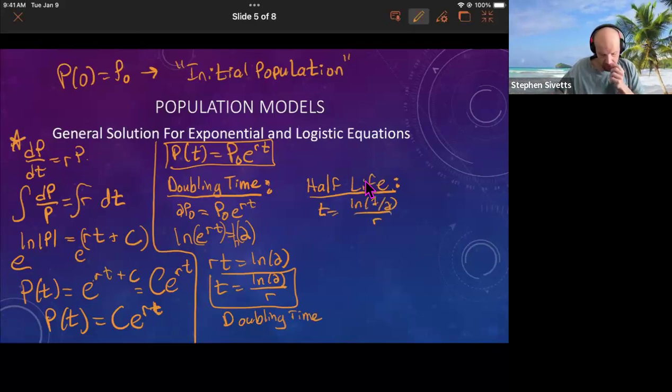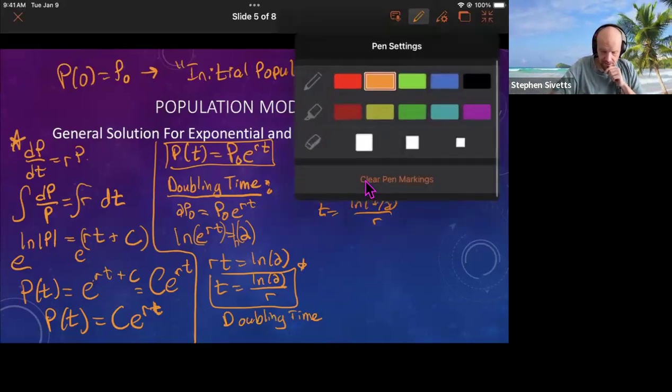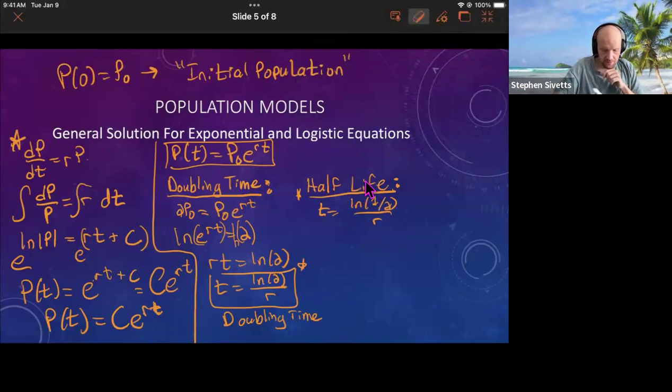Okay. So these are key to solving for the growth rate or the decay rate, respectively. So yeah, that is the formulation for exponential growth or exponential decay.